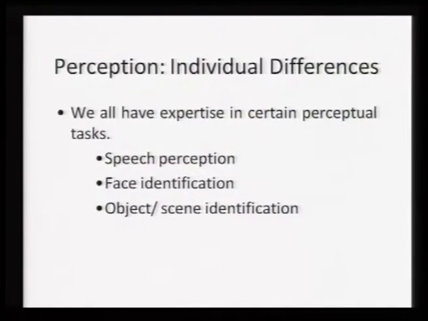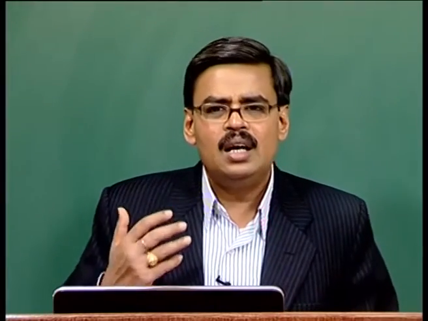When you think of object identification, when you think of scene identification, you identify the object that is shown to you. Say for example, when you are shown a chair, a table, a pencil, a pen, a cupboard, a cup, a bottle. The perception of these things is very effortless for everybody.